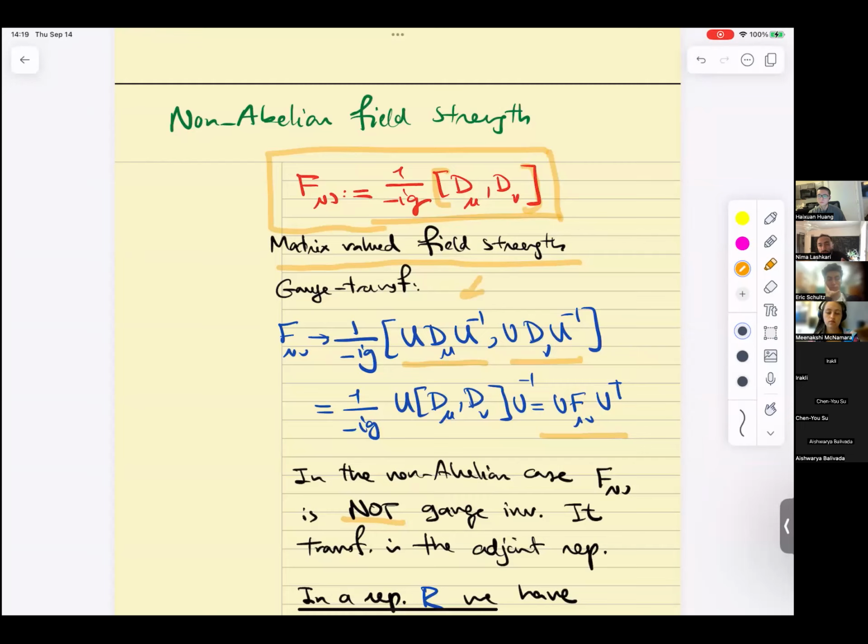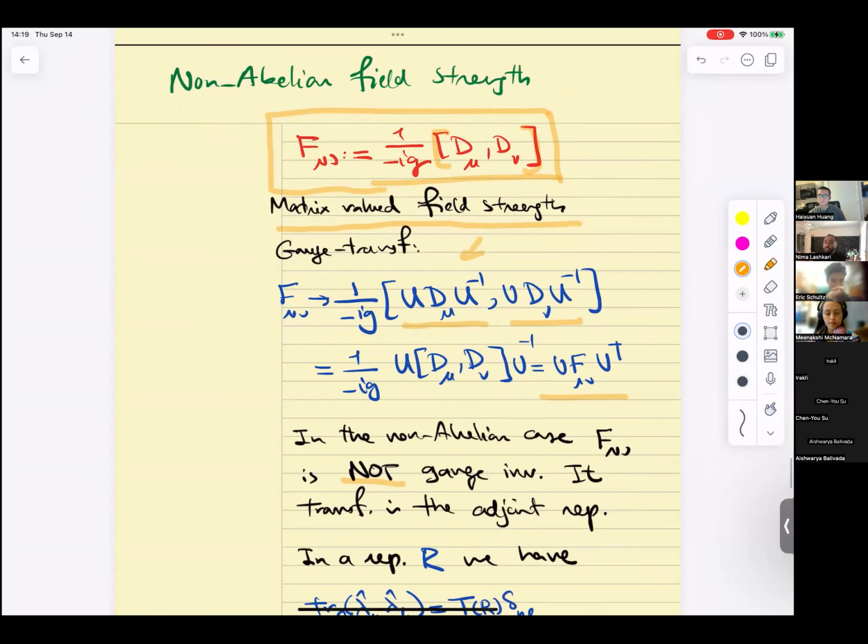Therefore, it's unphysical. We just said gauge transformations are unphysical and man-made, right? They're just made up. Anything that transforms under these transformations cannot be physical, or has some unphysical things at the very least. So this is not good enough.